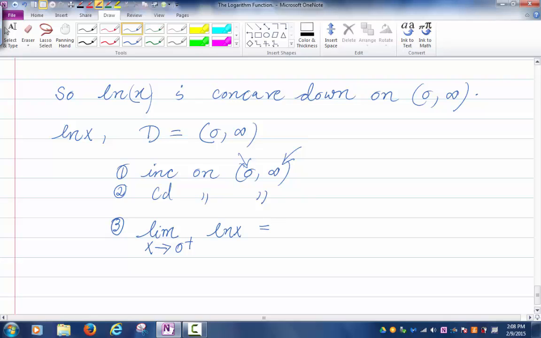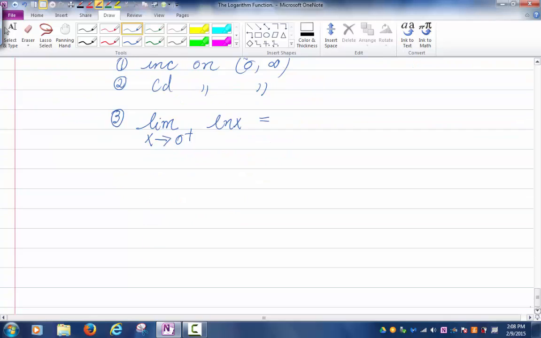What is that quantity? And we also want to know the limit as x goes to infinity of ln of x. Okay?